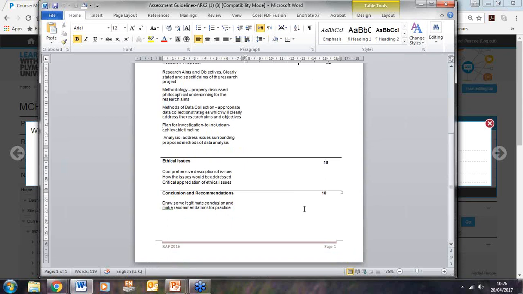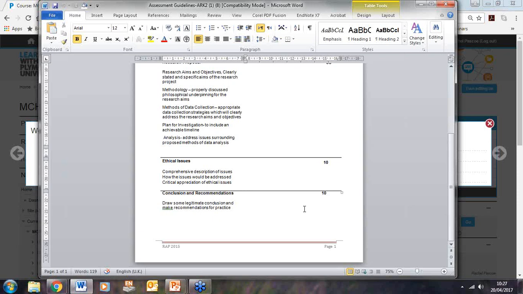And then your final section is your conclusion, your recommendations. So this is where you're not going to predict what you're going to find, but this is where you would outline, make a legitimate conclusion for your research proposal. So why is this piece of research required? What will be its potential benefits for practice, for education, for further research?